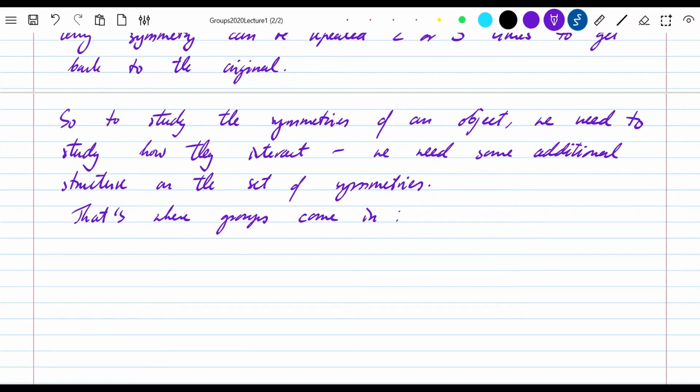So groups are an attempt to give an algebraic structure to the set of symmetries so that we can better understand this set. Okay, so now what are groups? Groups are sets of elements, or you can think of them as symmetries, just as above.